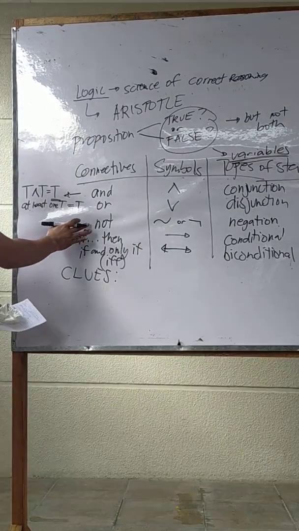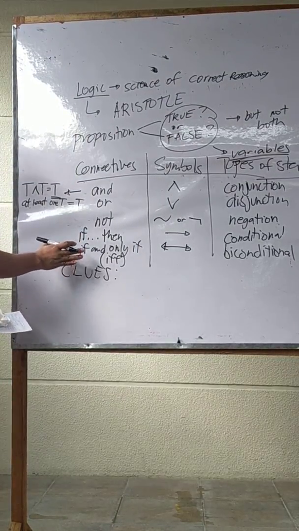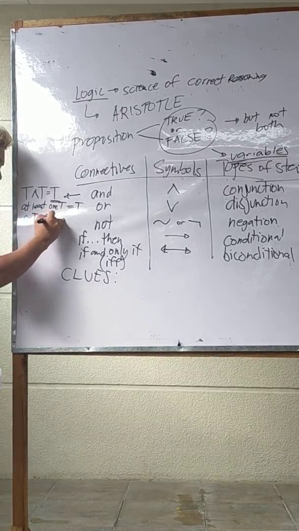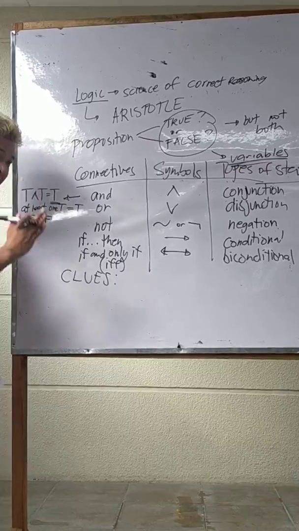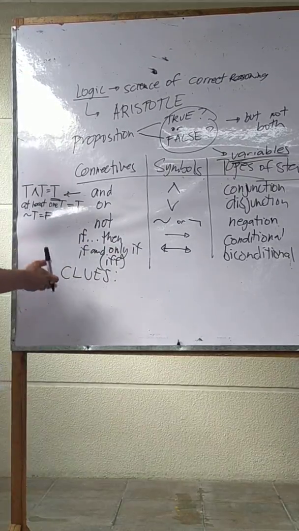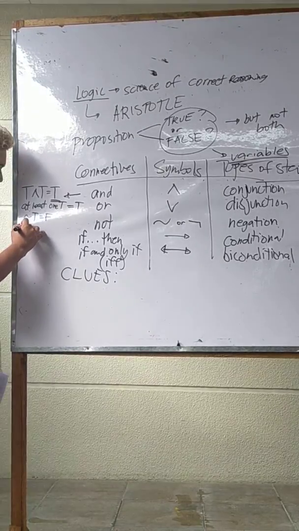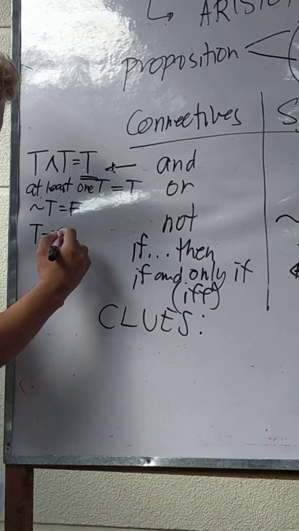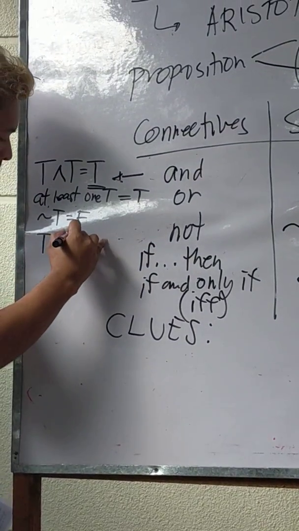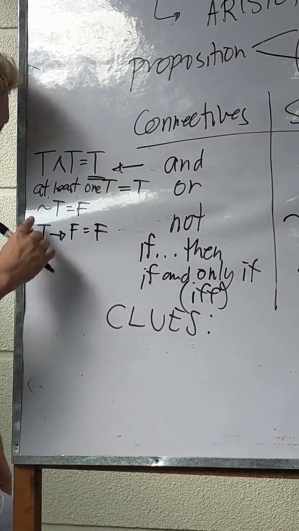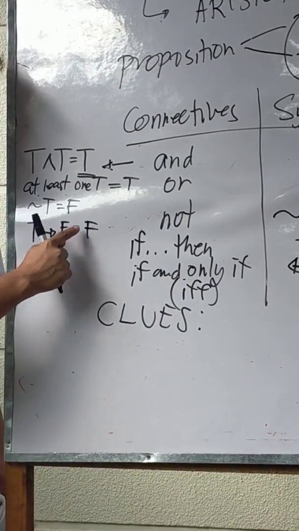Now, for NOT: if not true, therefore false. Otherwise, if not false, therefore true. And for our if-then statement, if true then false, that will always be false.